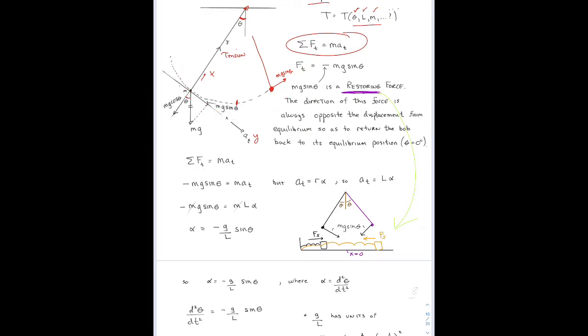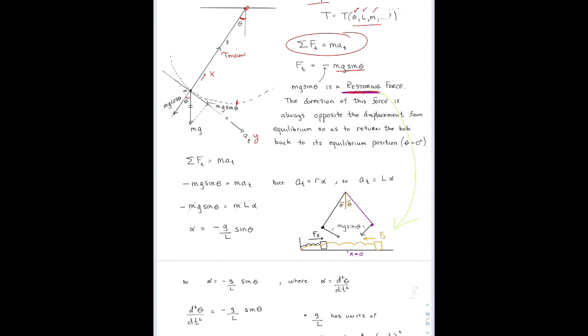And that makes no sense. So the minus sign is there. Remember, the minus sign is there to indicate that mg sine theta is a restoring force. That means mg sine theta is always in a direction opposite the displacement from the relaxed position.